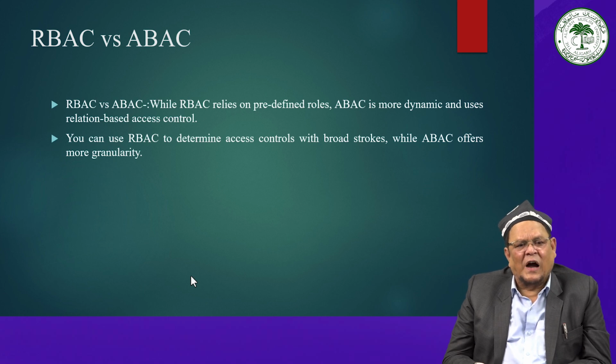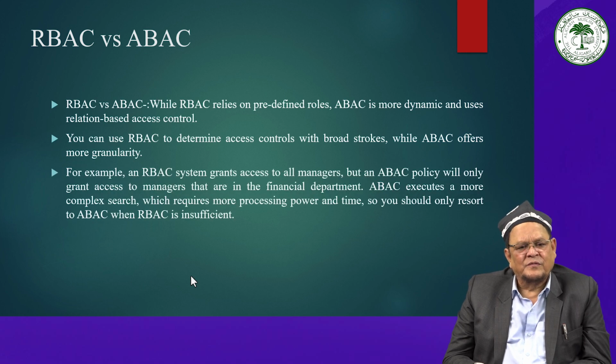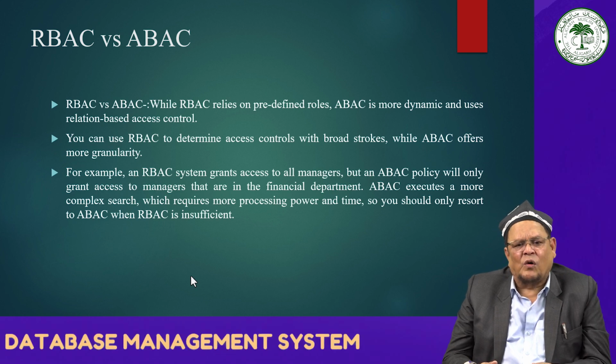You can use RBAC to determine access control with broad strokes, while attribute-based access control offers more granularity. For example, as you can see on the screen, an RBAC system grants access to all managers, but an attribute-based access control policy will only grant access to managers that are in the finance department.